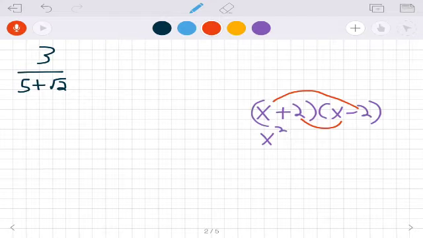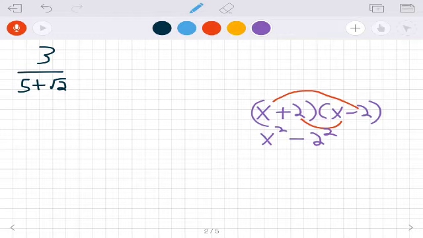Those two cancel each other out because it's negative 2x and positive 2x. And then we have 2 times negative 2, which is minus 2 squared. So remember this process, we used it a fair bit in special products.